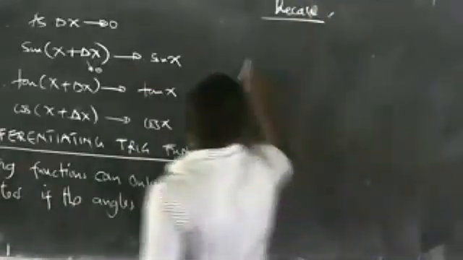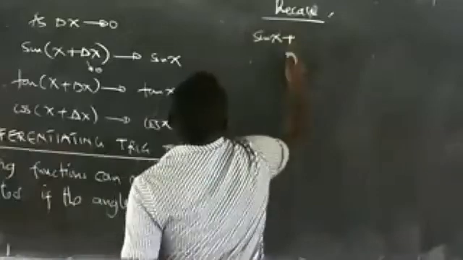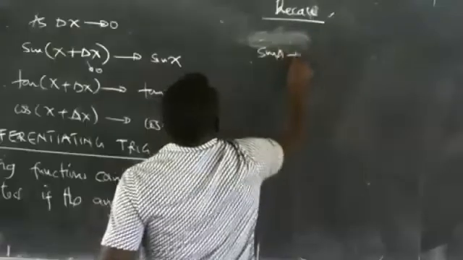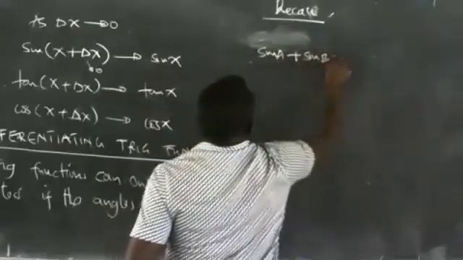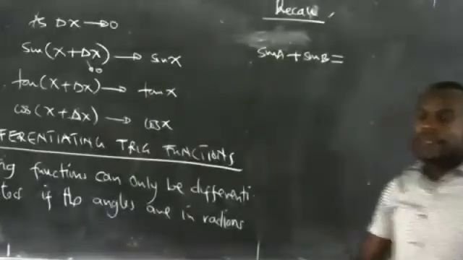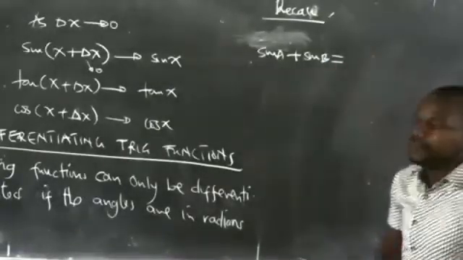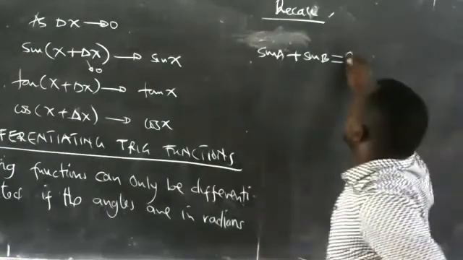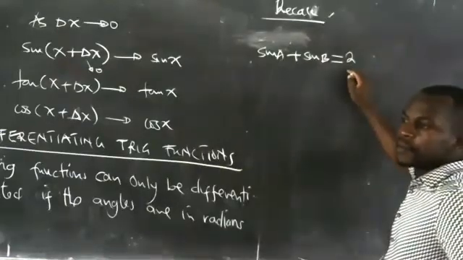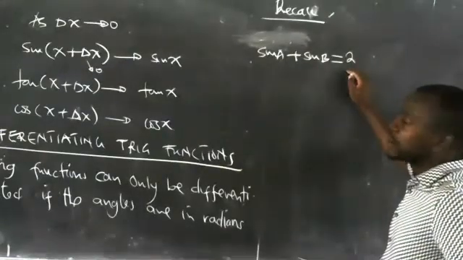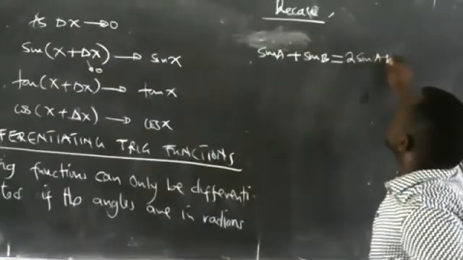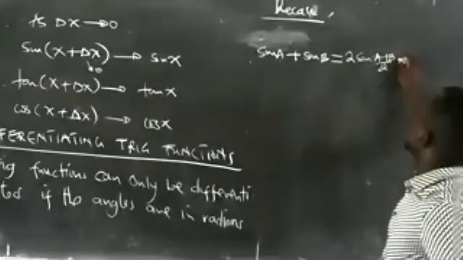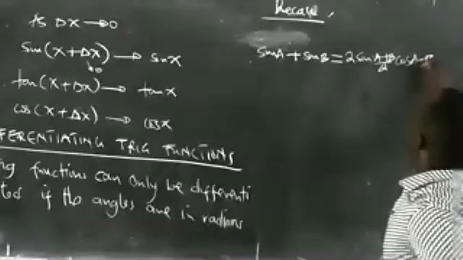I recall: sin A plus sin B is given by what? We get 2 sin of (A plus B) out of 2, cos of (A minus B) out of 2.